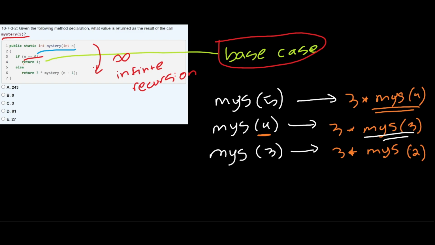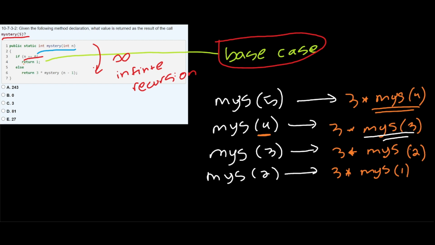So now we have mystery 2. Mystery 2 becomes 3 times mystery, so 2 minus 1, it's going to be mystery 1.